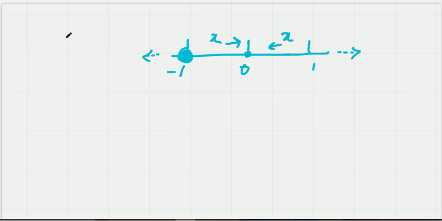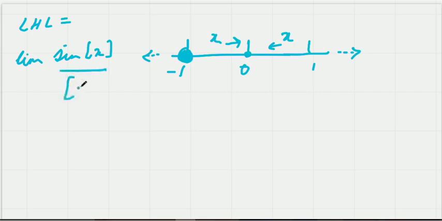Alright, so now if I want to find the left hand limit of sin of [x] upon x as x tends to 0.